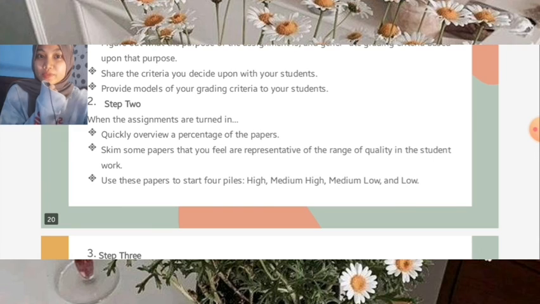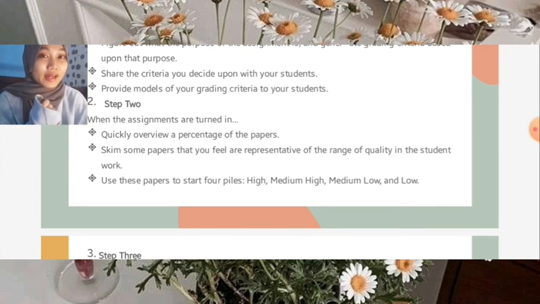Step 2. When the assessments are turned in, quickly overview a percentage of the papers. Skim some papers that you feel are representative of the student work. Use these papers to start piles: high, medium high, medium, medium low, and low.